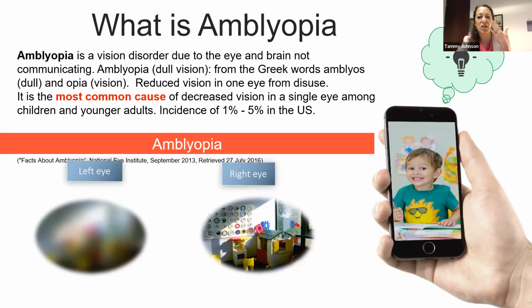The child uses the good eye and basically turns off the bad eye, and those neural connections that are supposed to be made between the eye and the receiving end of the brain are just simply not made. If that continues on for a period of time, that reduced vision, just that eye is simply not used, and it can't be corrected with glasses later on.